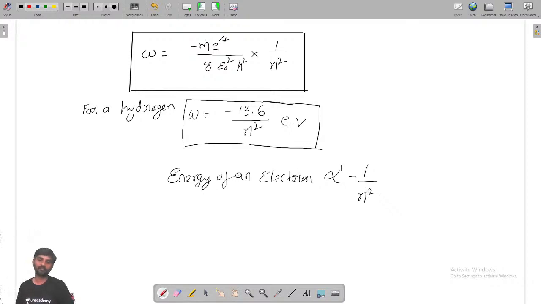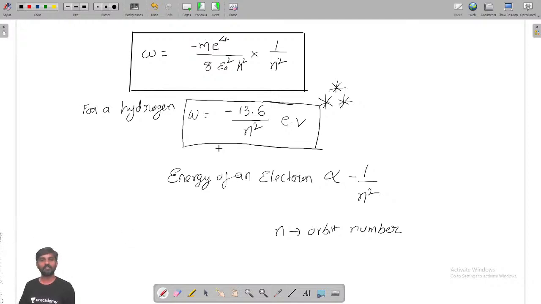It is the state or the orbit in which the electron is revolving. n is the orbit number. Clear? So this formula you have to remember. We may get some problems on it.